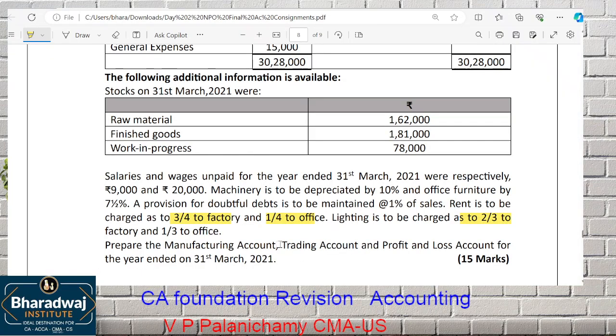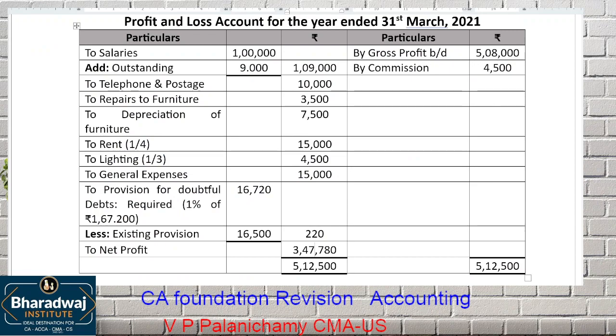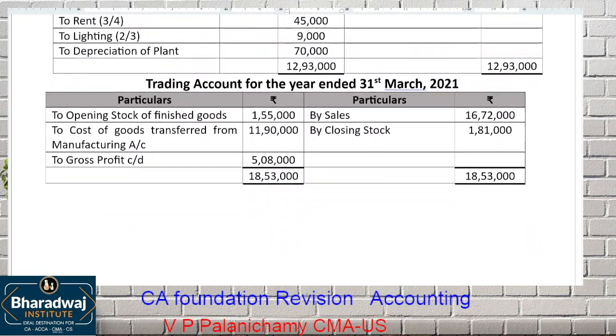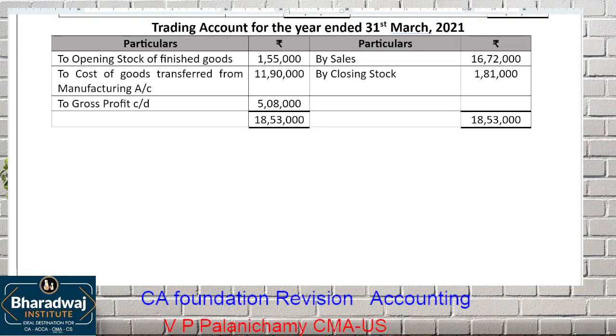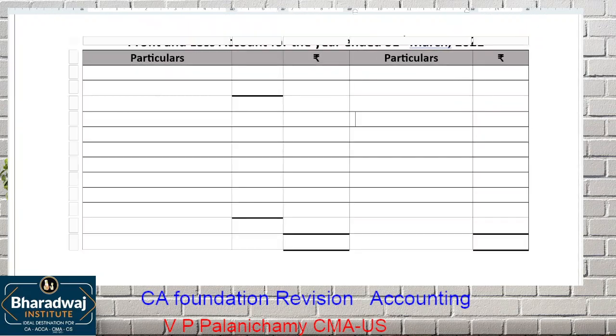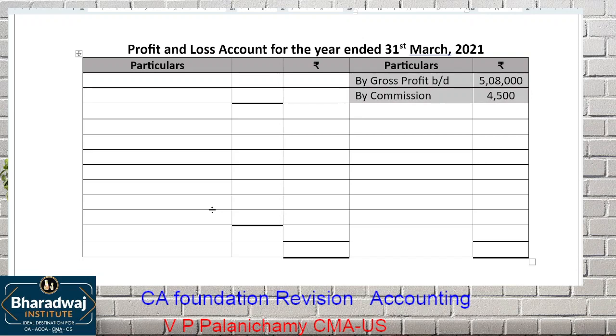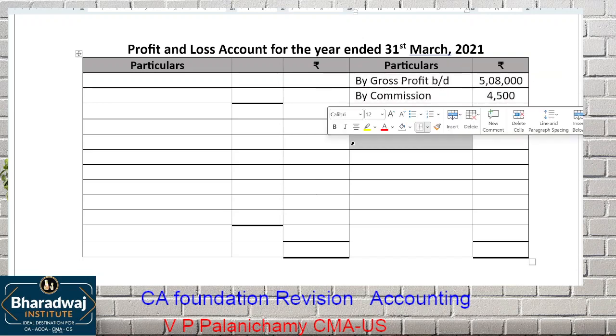They asked you to prepare only up to which account? Trading and P&L account. Of course, we can prepare the balance sheet together, no issues. It's practice anyway. Check your P&L account also.